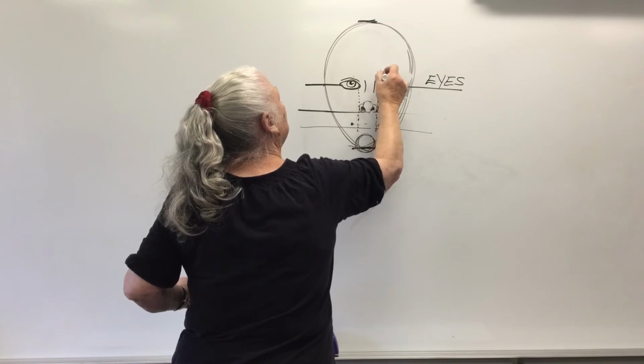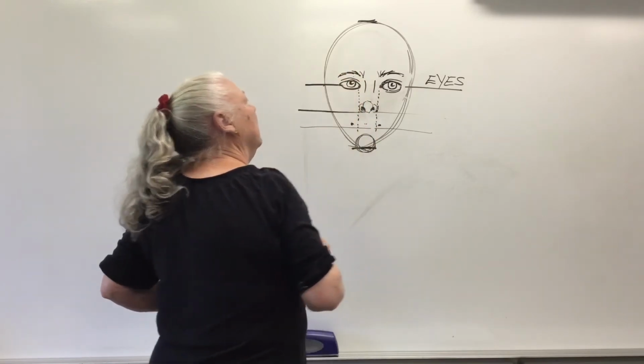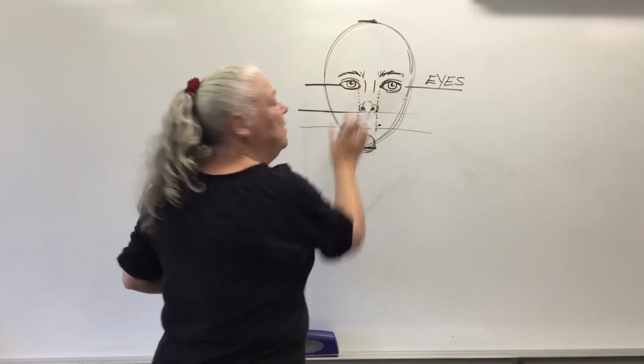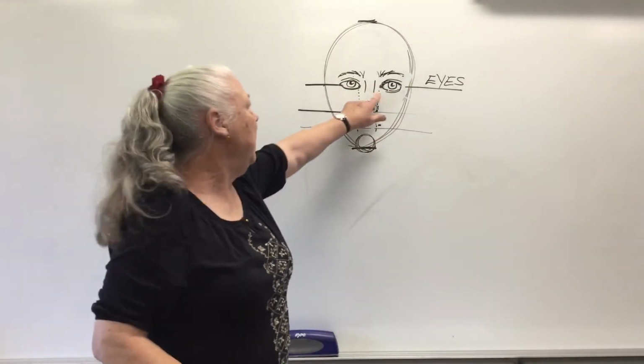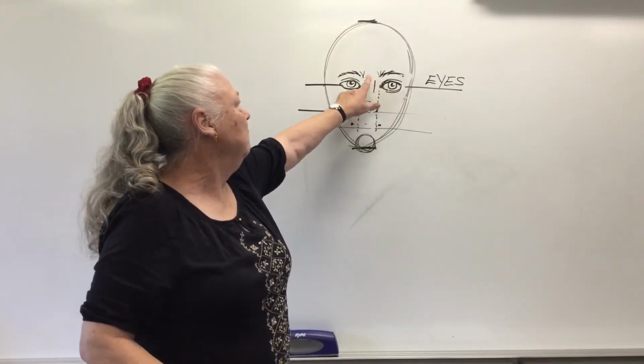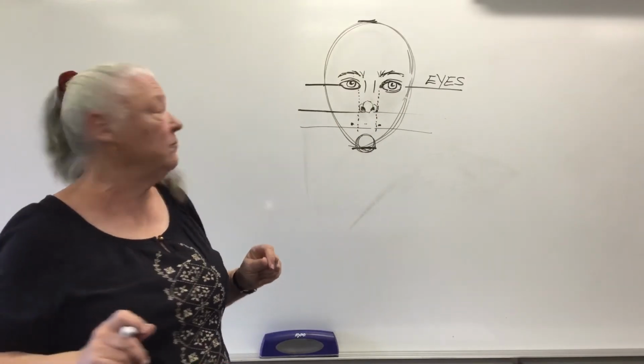And your brows. Like so. So you could theoretically draw 3 eyes right in a row and erase the middle one, and you'd have the right space between the eyes.